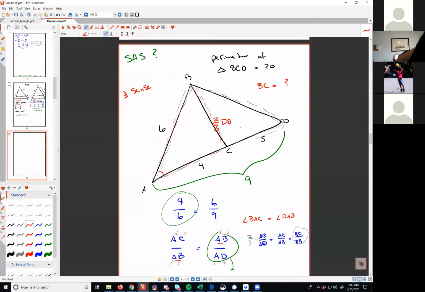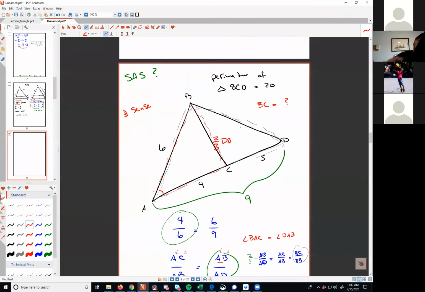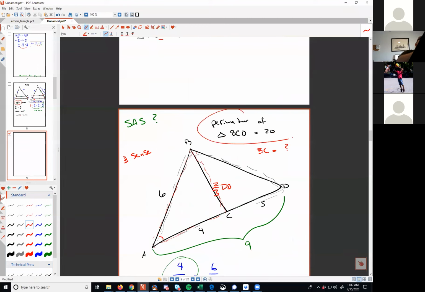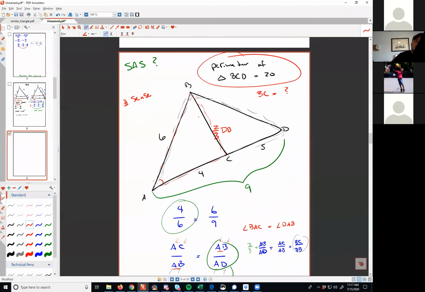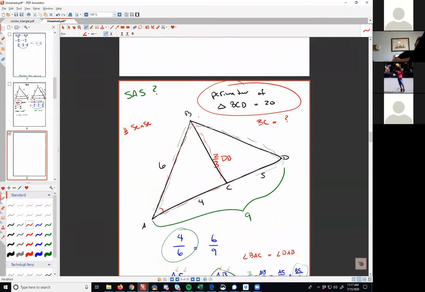And now let's remember, we have one piece of unused information in this problem. Okay, so that would make DB 5.